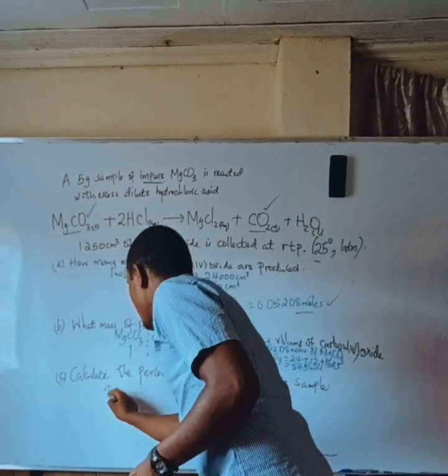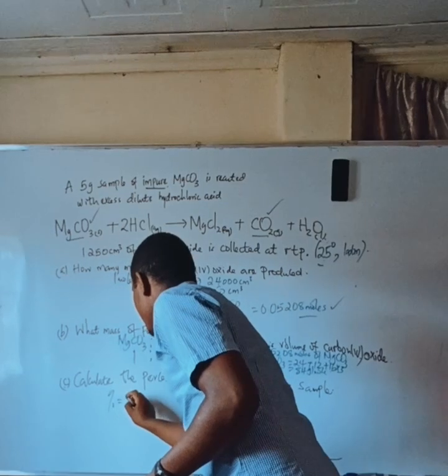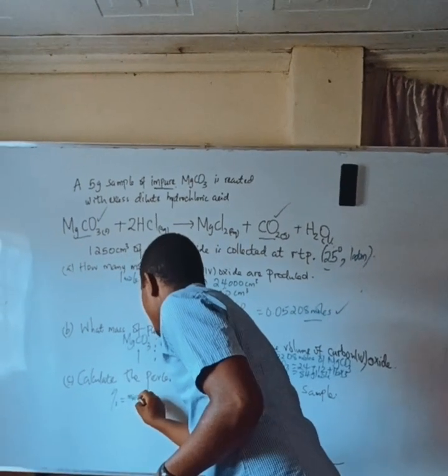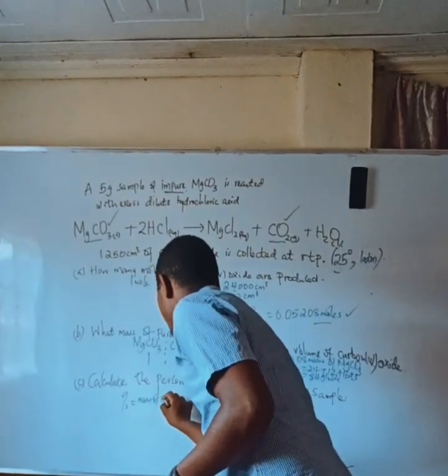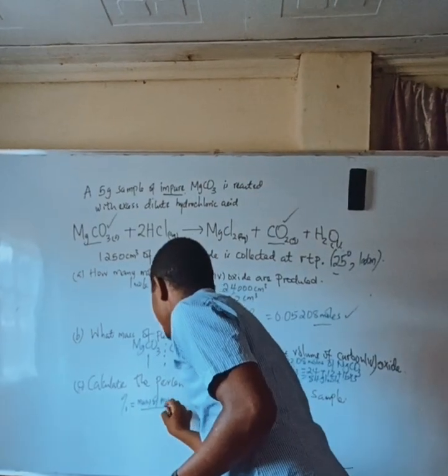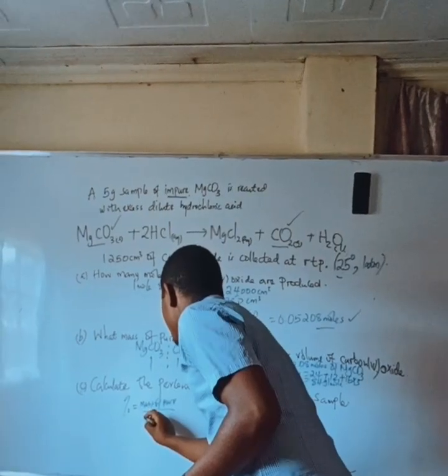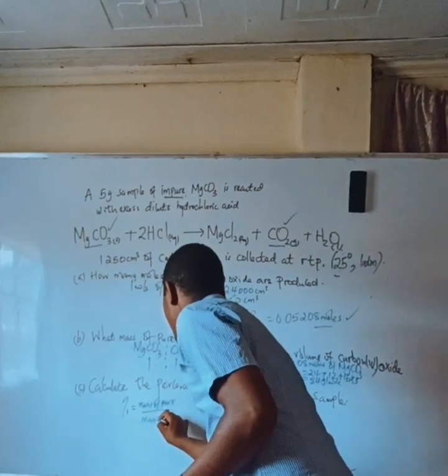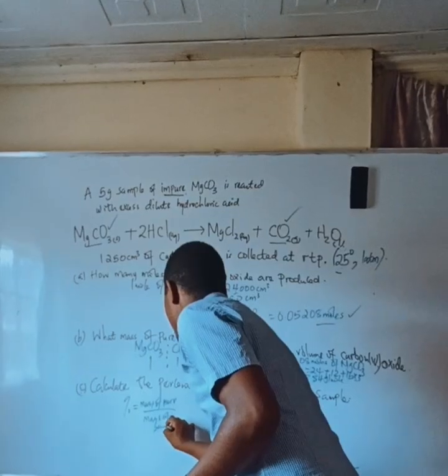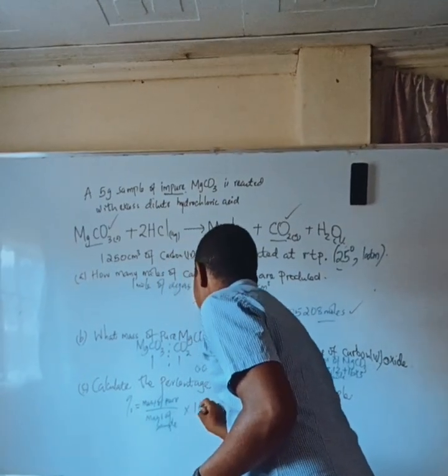What is the percentage purity now? Percentage purity is equal to the mass of pure over the total mass, which is the mass of the sample, times 100%.